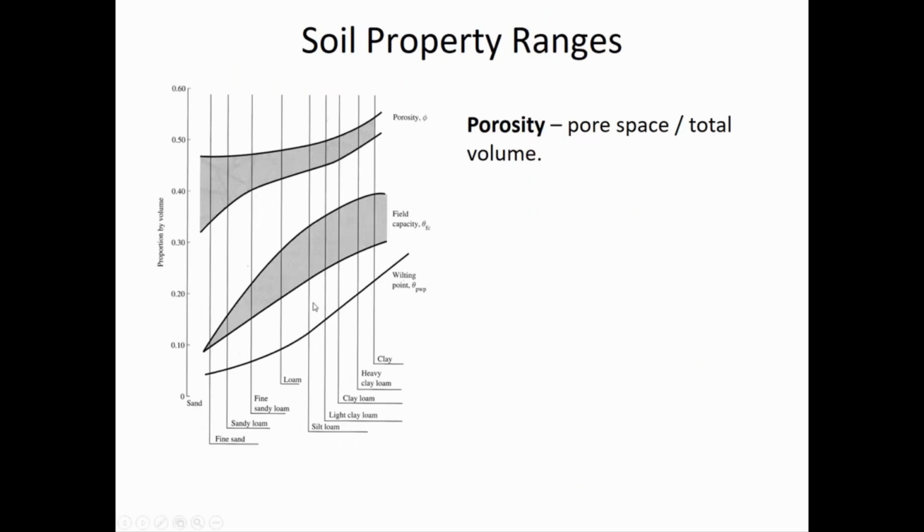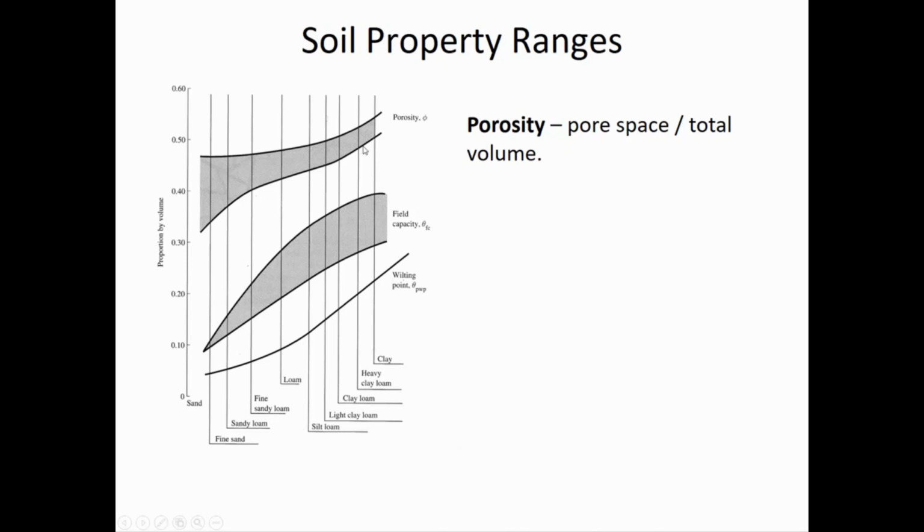Some of the other terms that we have to be aware of when we're classifying the soil types and looking at the hydrologic implications is the porosity of the soil. So porosity is just the ratio of the pore space, or you can think of it as the pore volume, relative to the overall volume of a soil sample.